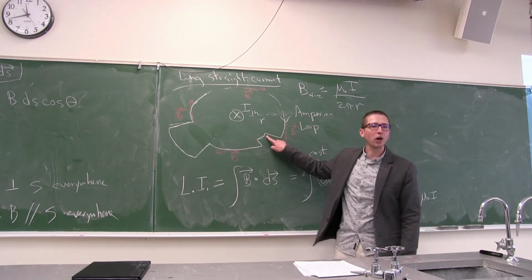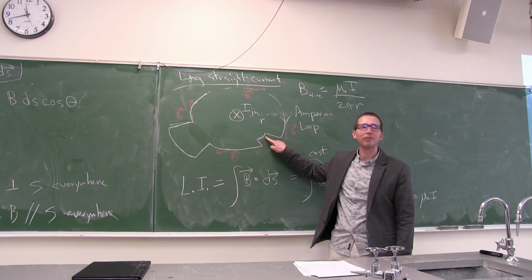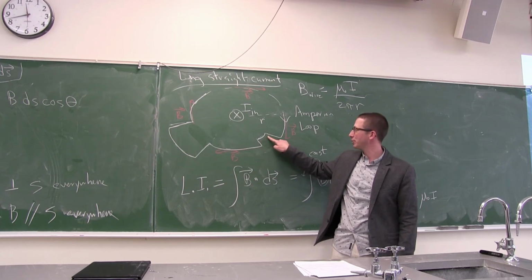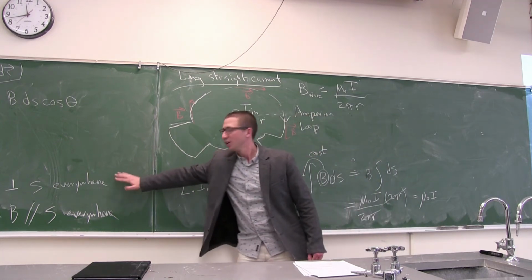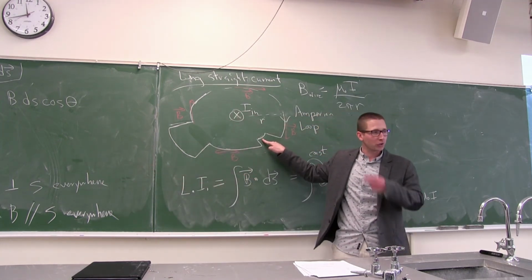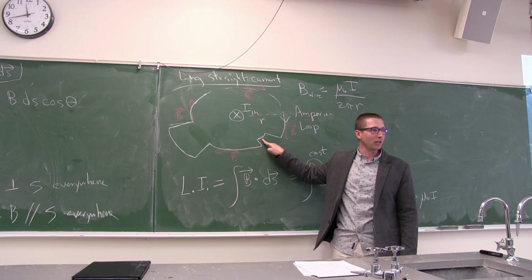Now, only these curved parts of the path would give you any value in the line integral. This part of the path wouldn't give you any value, because at this part of the path, the magnetic field would be perpendicular to the path everywhere, so it would be 0. Only the circular curved contributions would give you any value to the line integral.